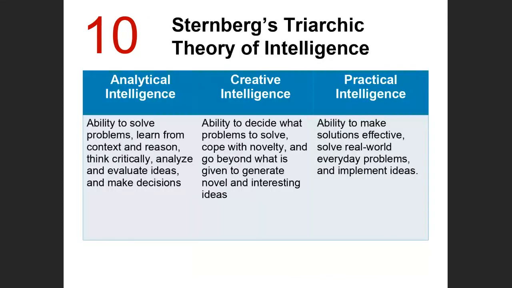One of those people is Robert Sternberg, and he has a theory of intelligence that has 3 parts. There's analytical intelligence, and that's what's measured on an IQ test. Those are things where we solve problems, and we learn how to think critically and so on. A lot of the things that we learn in school, actually.